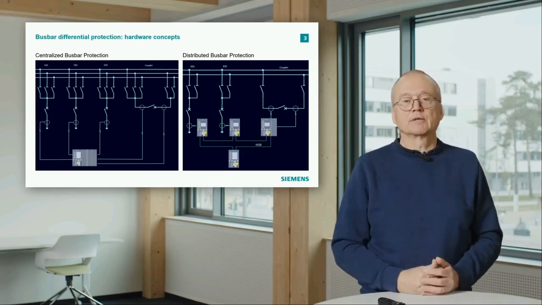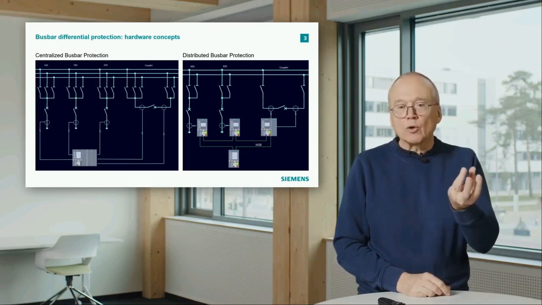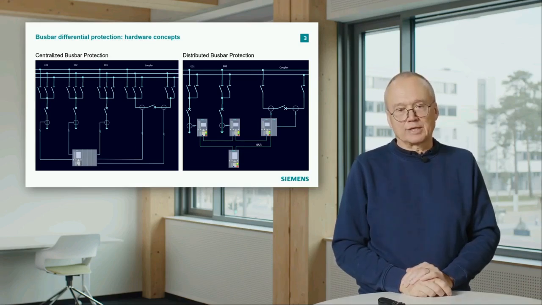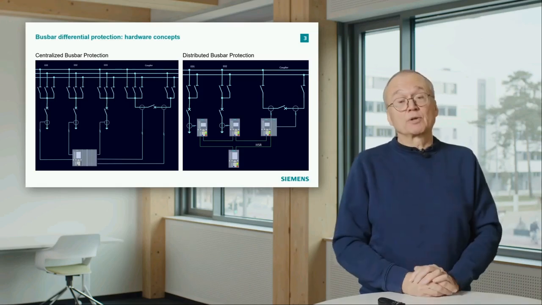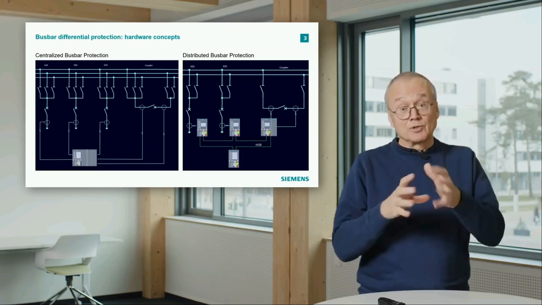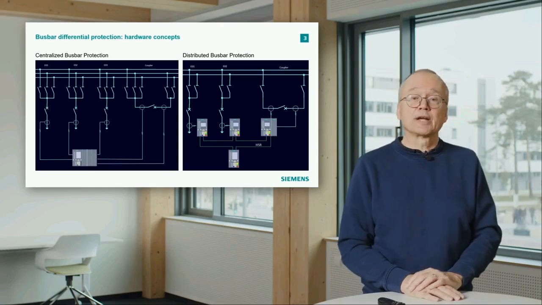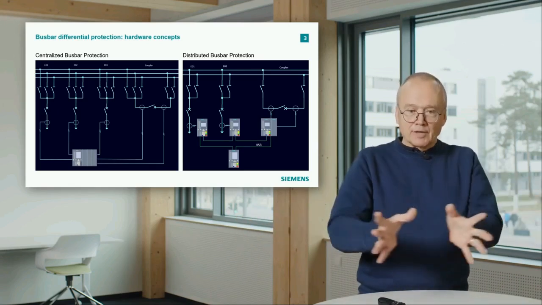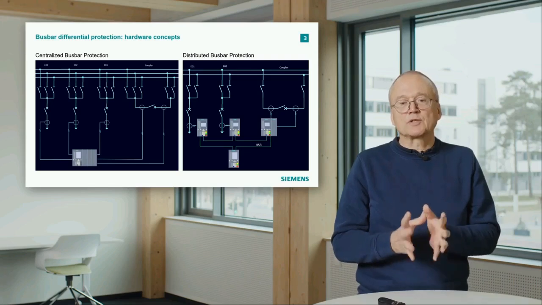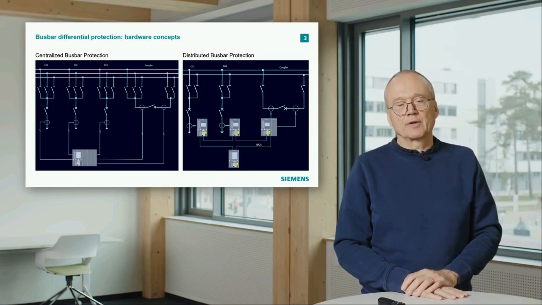There can be distance protection or overcurrent protection or whatever. That means we already have protection relays there which do the data acquisition. Or we install a separate device just for data acquisition for busbar protection, like we had it, for instance, in the previous generation. And then we have a communication system which delivers all sampled values to the central point where we run the protection algorithm.